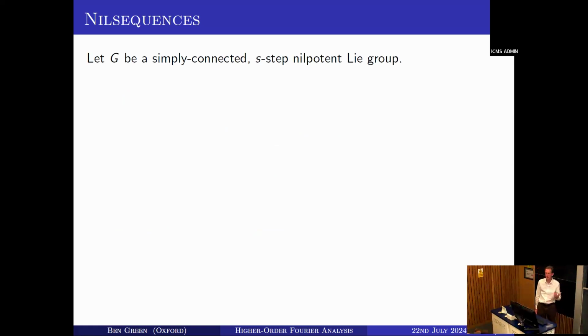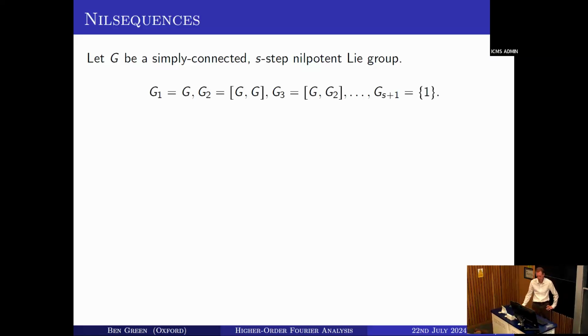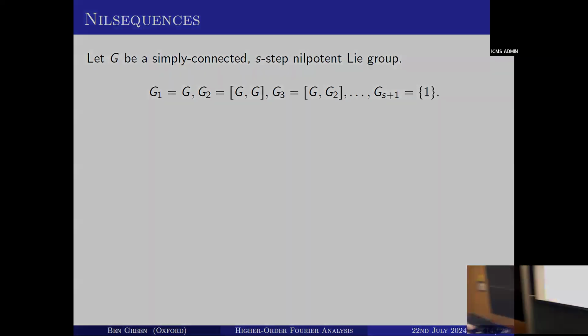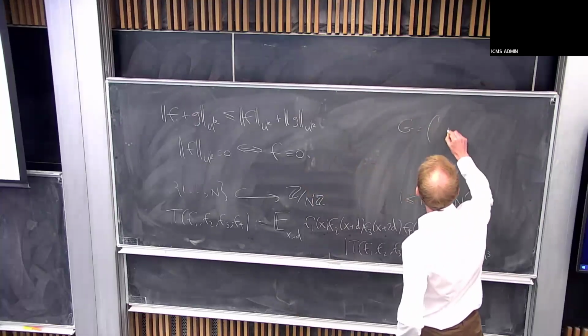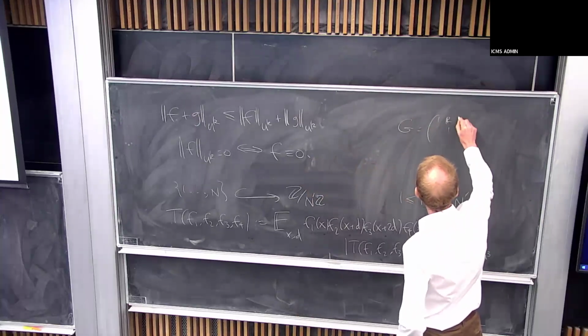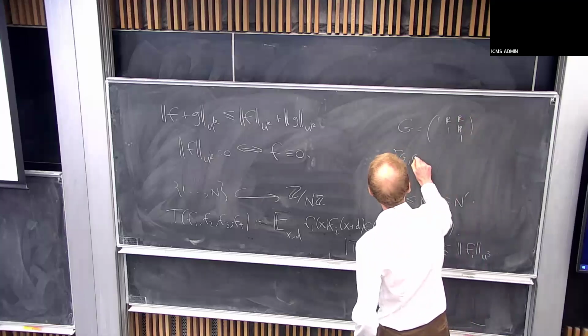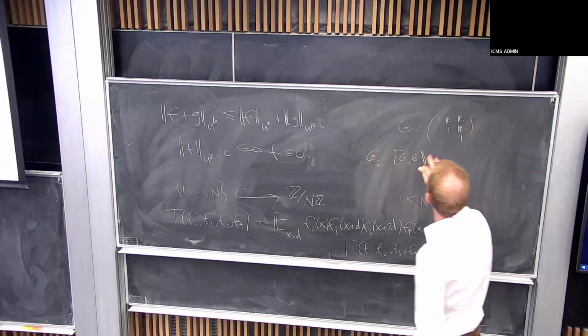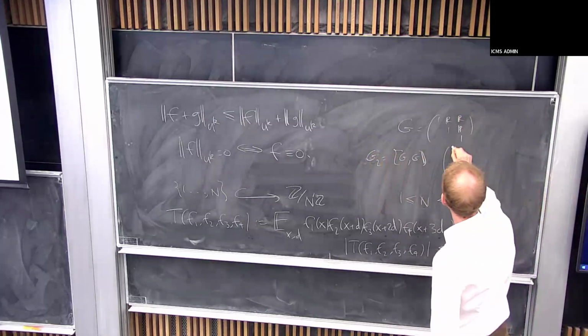So you take a simply connected s-step nilpotent Lie group, and the Heisenberg group is a good case to think about, where s equals 2. What that means is that if you form the lower central series, taking repeated commutators, you end up at the group 1, the trivial group with just the identity, at step s plus one. In the Heisenberg group, the commutator of G with itself removes things just above the diagonal.